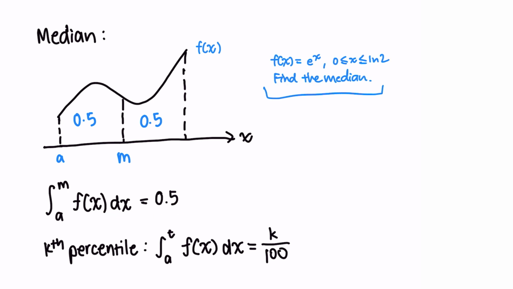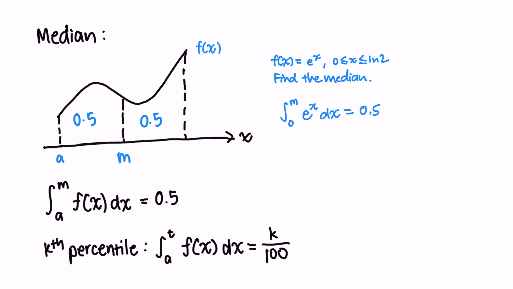So let's say I have this example over here. We want to find the median for this. What I'll do is take the integral from the starting point to m, which we want to find as our median, of e to the power x dx, equals 0.5. And if I then evaluate this definite integral, I can find the median.